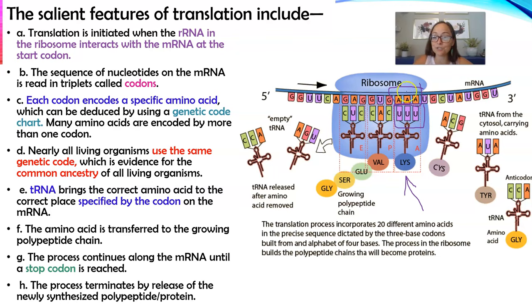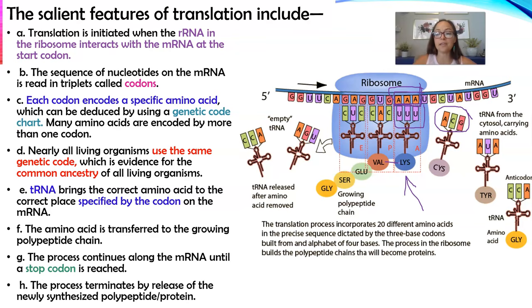So you want to make sure that you're using the codon that's in the messenger RNA. The anticodon that you find here is really just to help that tRNA attach to the codon and stabilize it in place long enough for a peptide bond to form between those amino acids.